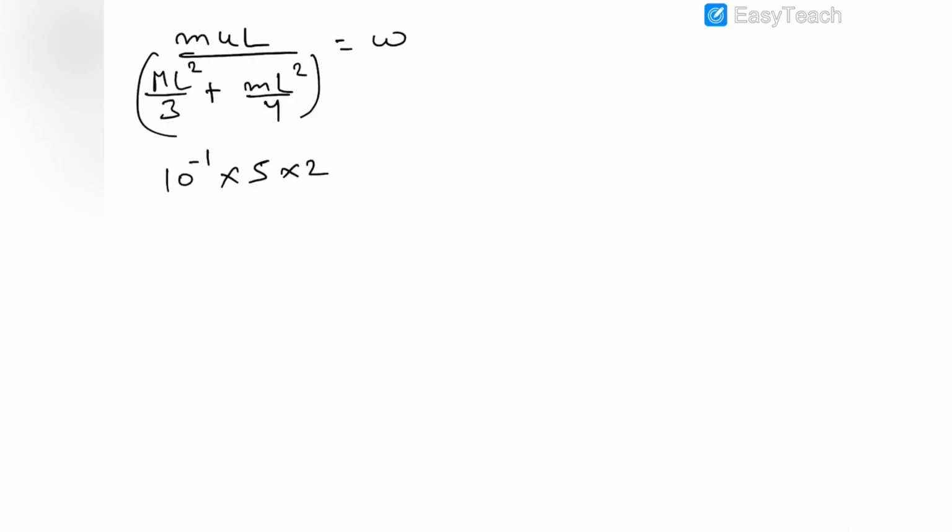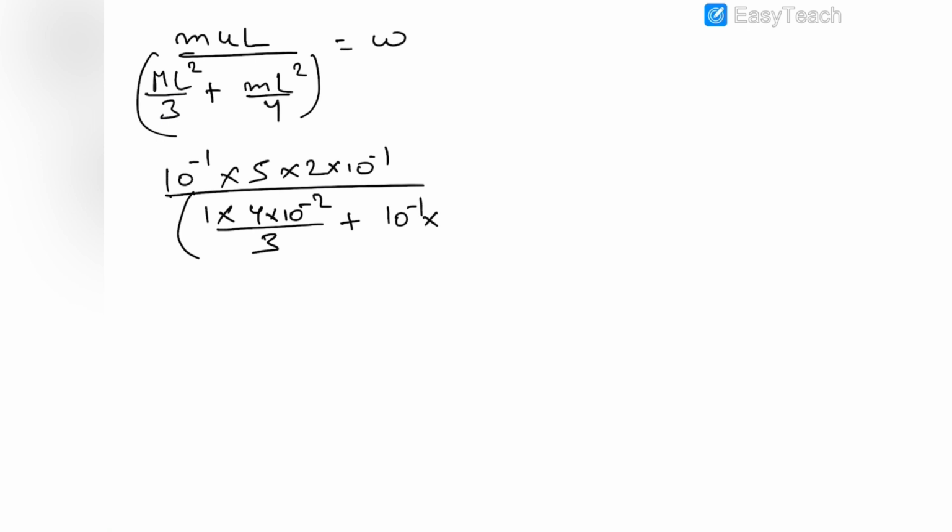So the numerator is 2 into 10 raised to power minus 1, divided by M, which is 1, and L square is 4 into 10 to the power minus 2, divided by 3, plus small m is 0.1, so 10 to the power minus 1, times L square, which is 4 into 10 raised to power minus 2, divided by 4.